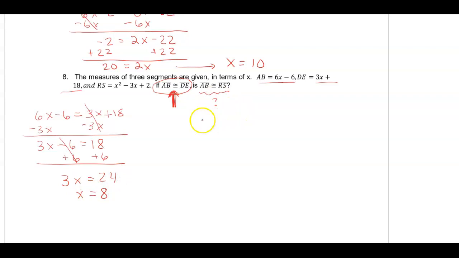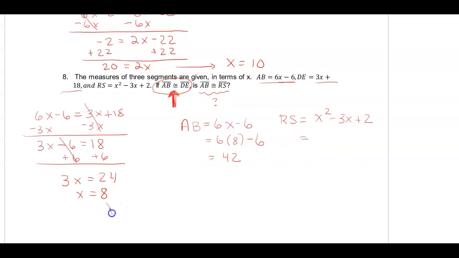So go back to AB and check out its measure. So we have 6x minus 6 is the algebra. 6 times 8 minus 6 is 42. Okay, now check the length of RS. RS is x squared minus 3x plus 2.